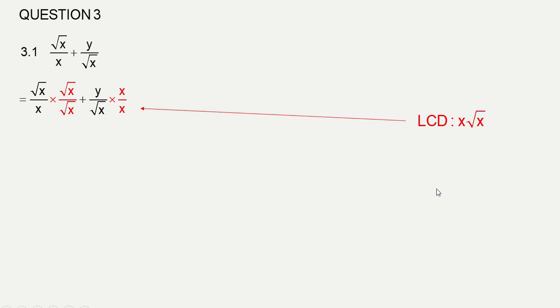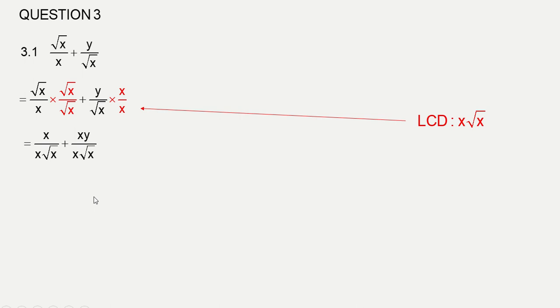Now you must also remember in this question they said show. So it means you know the answer that you are working towards, and you must use that information to your advantage. So you see, root x times root x is x, x times root x is x root x, and then on the second term y times x is xy, root x times x is x root x.